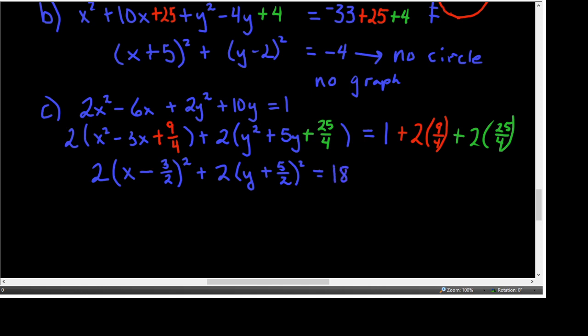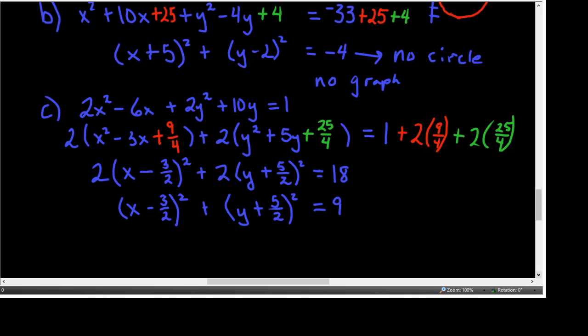Now the standard form doesn't allow for those coefficients, those 2's, to be there, so I'm going to have to divide both sides of the equation by 2 in order for it to be in standard form. So I'm dividing everything by 2. And there we have the equation.